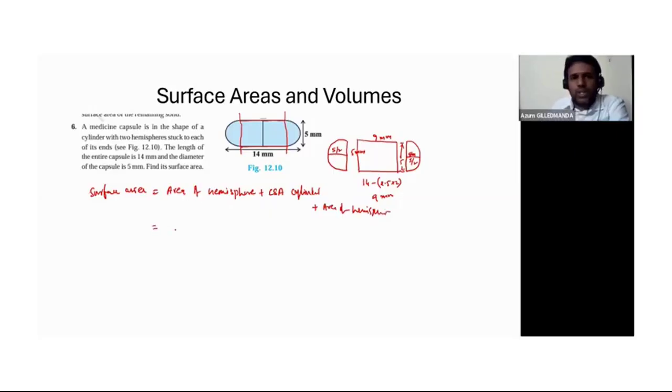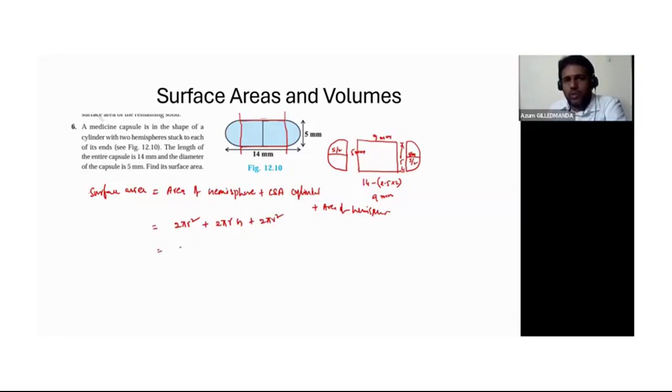What is the area of a hemisphere? If it is a total sphere, then it is 4 pi r square. A hemisphere is half, so 2 pi r square, plus the curved surface area. The curved surface area is what? 2 pi r into that length, for example, height. The height is 9 here. So 2 pi r into h, plus 2 pi r square.